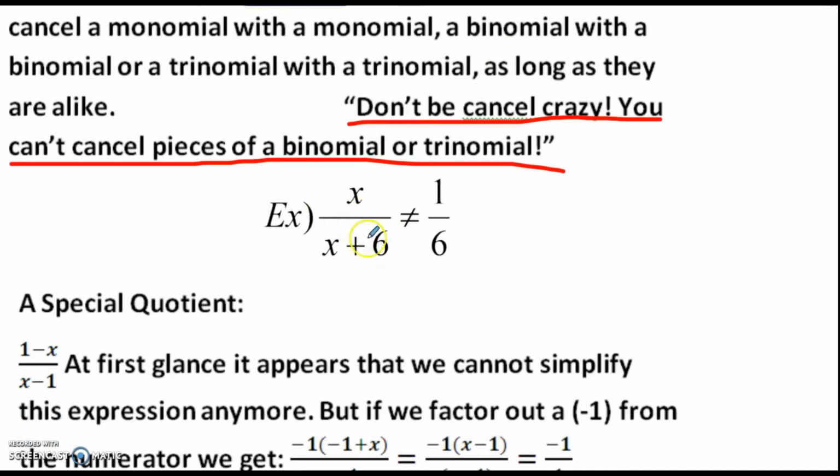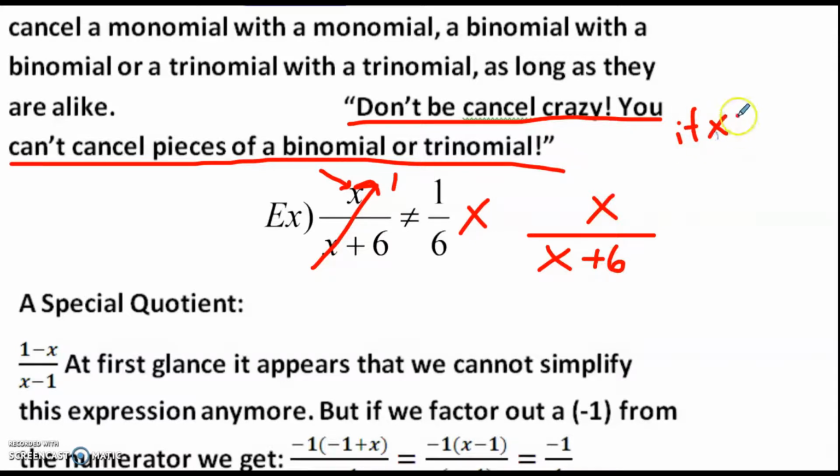So what I mean is, if you look at this example here, this is a monomial. In the denominator, we have a binomial. You cannot just go x divided by x is 1 and write this as 1 over 6. Those are not the same thing. So you cannot cancel a monomial with a binomial. These are two different numbers. Okay, let me demonstrate.